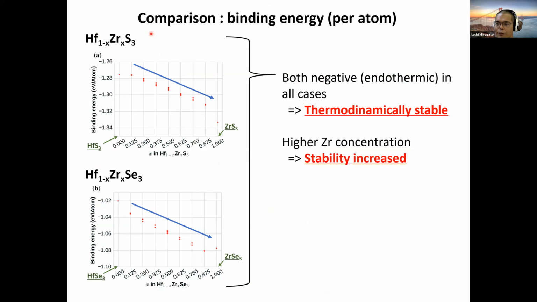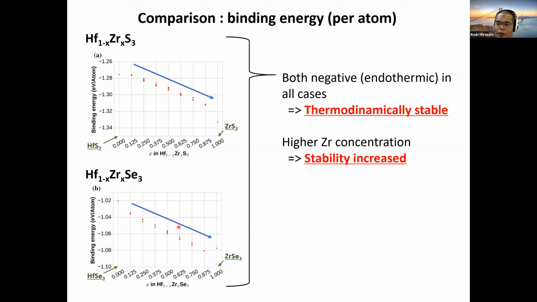Here is the result of binding energy in the bare and zirconium-doped HfS3 and HfSe3 monolayers. Here is the HfS3 monolayer's result, and this is the HfSe3 result. As you can see, binding energy is a negative value in all cases, meaning exothermic.